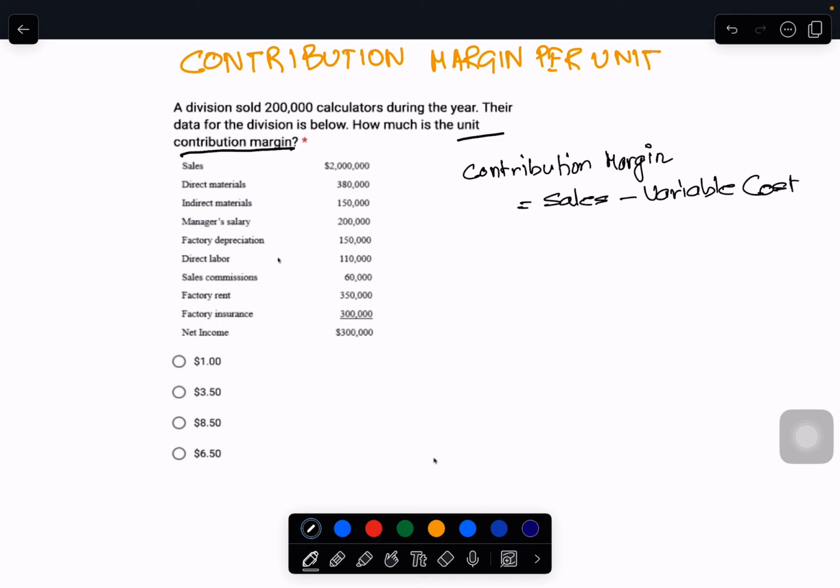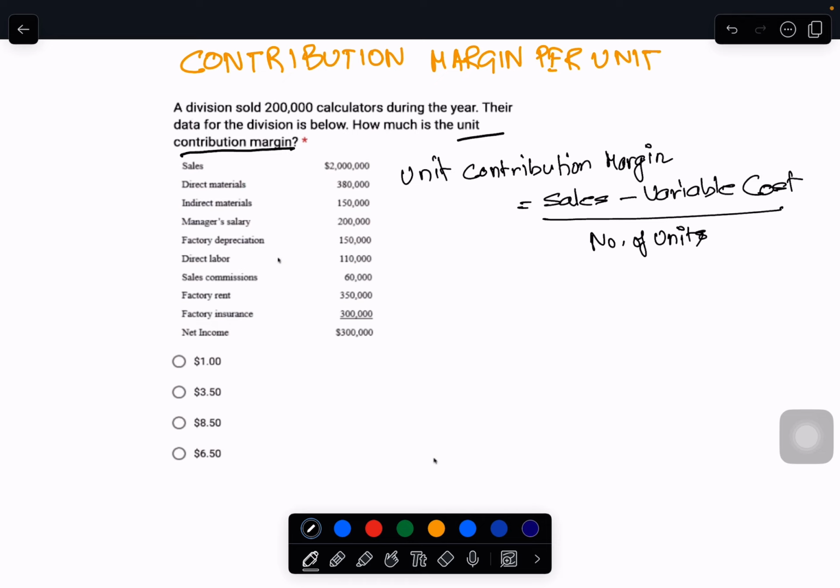When they want you to find the unit contribution margin, you need to divide sales minus variable cost by the number of units.